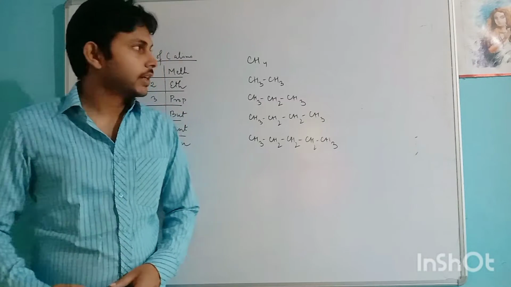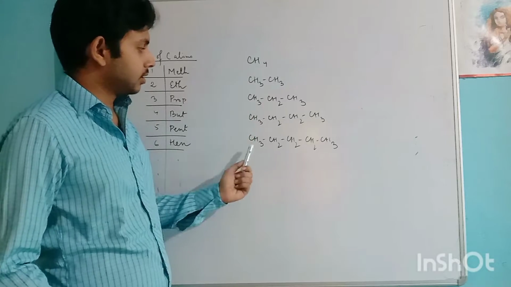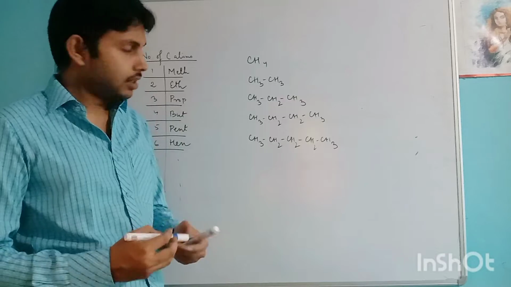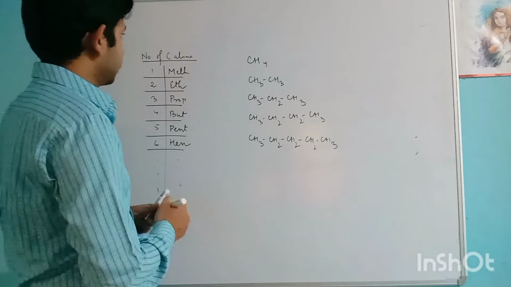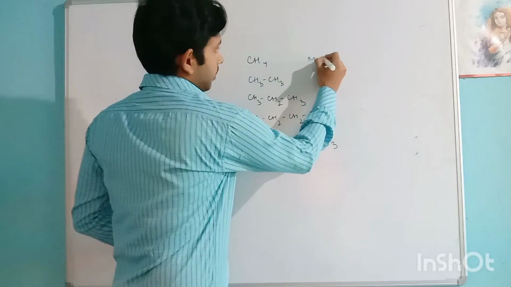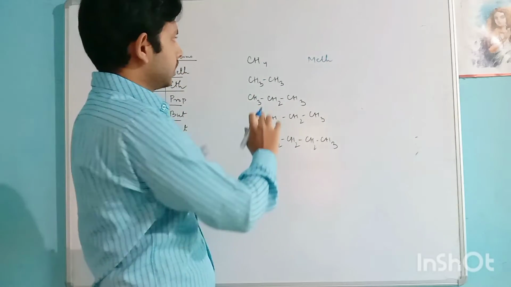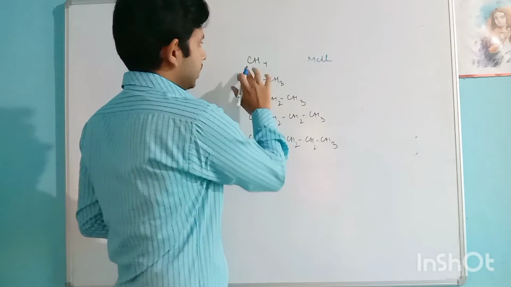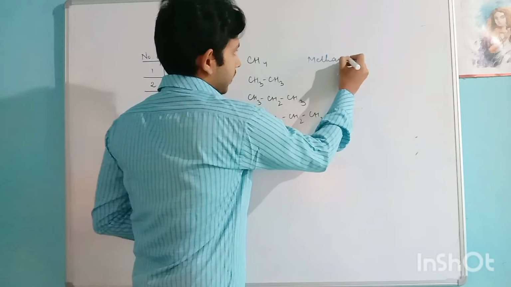So let's start solving. I have written some molecules. Can you tell the names of these molecules? Here there is one carbon atom, so the prefix is meth, and there is no double bond, all single bonds, so it comes in the category of alkane.